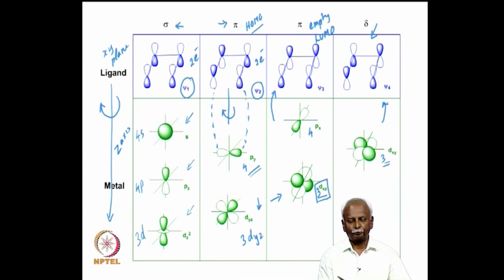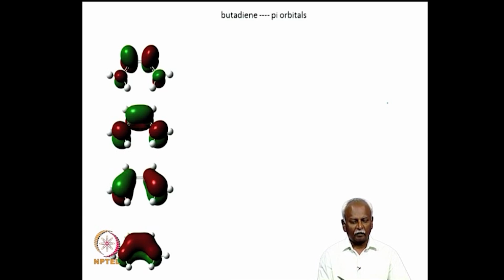So, these are the type of interactions that you can have between a butadiene and a metal fragment, the metal orbital primarily. So, here I have shown you some pictures, the type of orbital pictures that you would normally generate using a molecular orbital program like Gaussian. And so, you have the 4 orbitals, and you can see the nodes here very clearly.